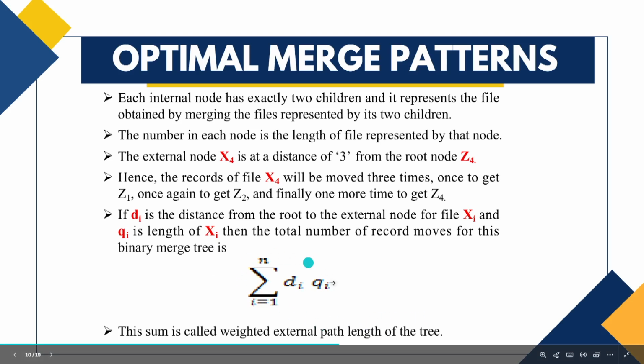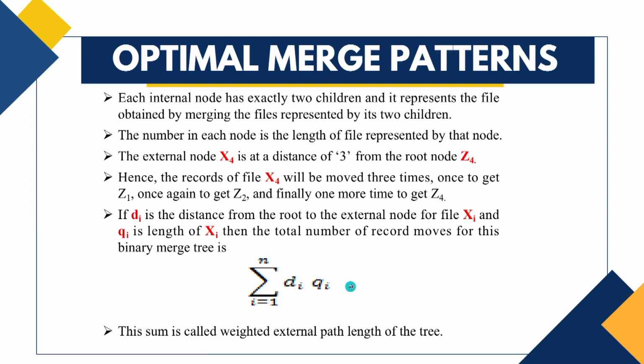So with this weighted external path length, we know the number of moves that we actually make while merging all these files into one single file.